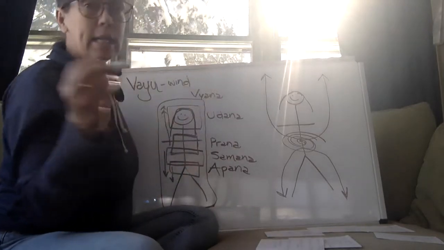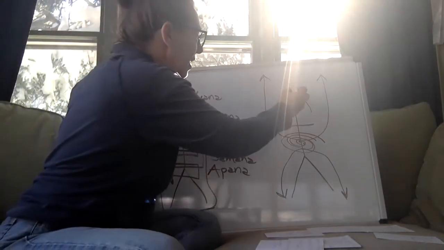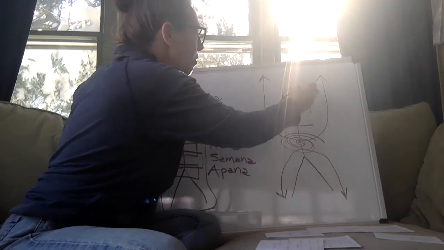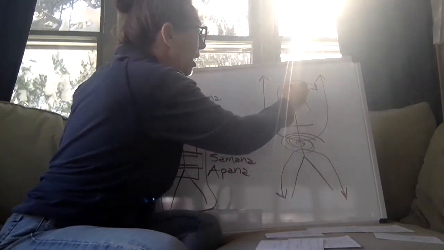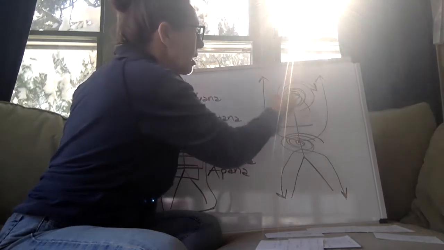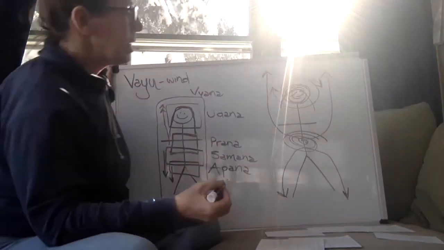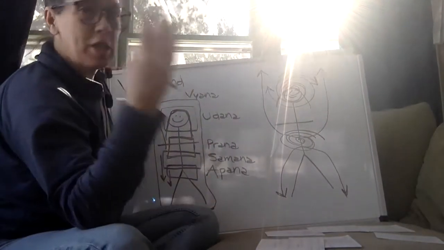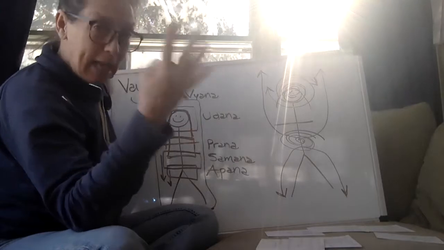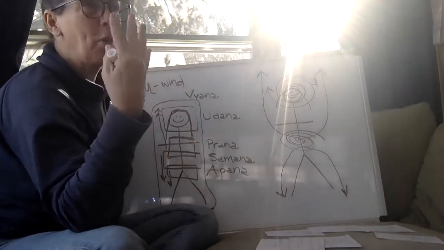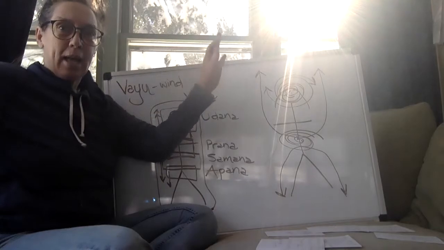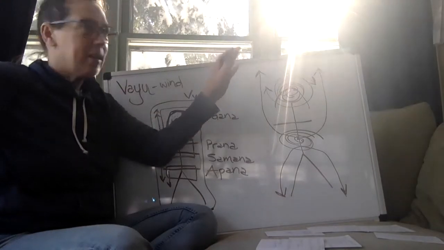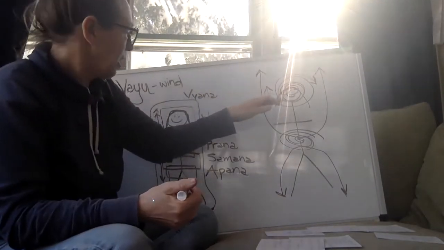And then the wind around the head is blowing outward. So thoughts and ideas and visions and everything that we make up is blowing out of, what is this?